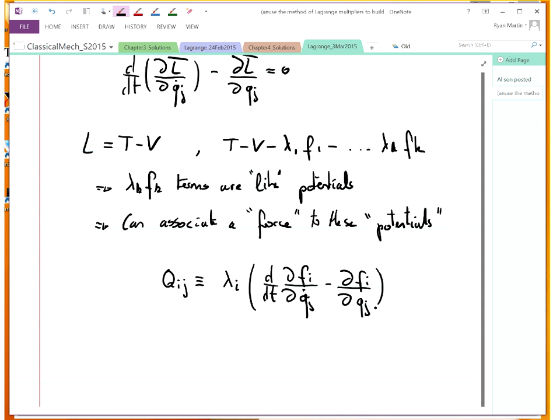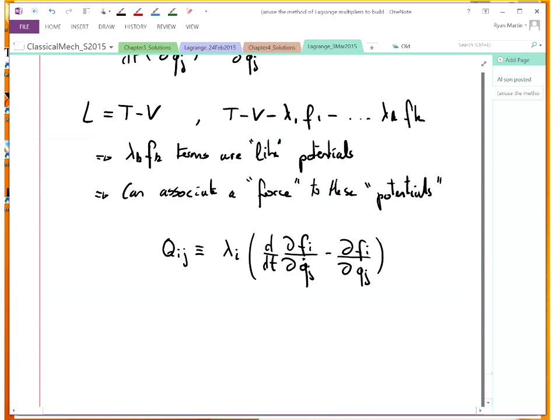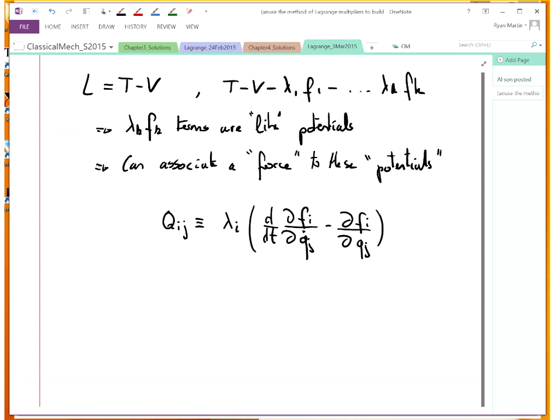So the lambdas are constants, right? These are Lagrange multipliers. And then the f's depend on the q's. So generally the f's don't depend on the qj dots, but they could, okay?